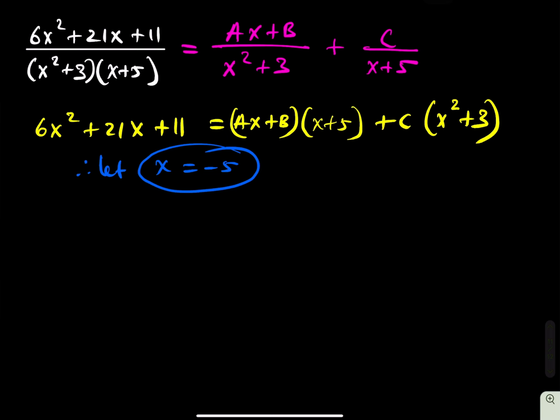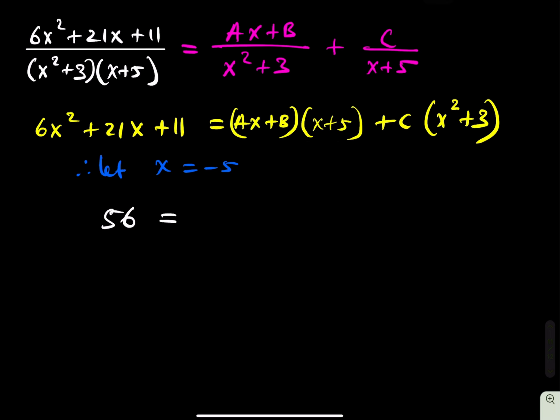And if you do that nicely, it's going to be 6 times negative 5 squared, so 6 times 25, plus 21 times negative 5 plus 11. That should tie down to 56 equals, that is 0, because of negative 5 as x.